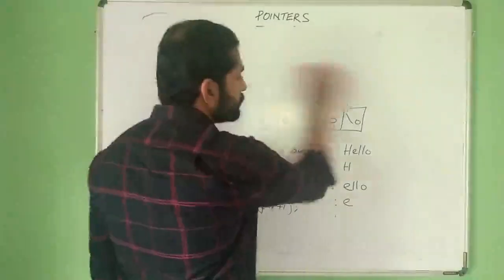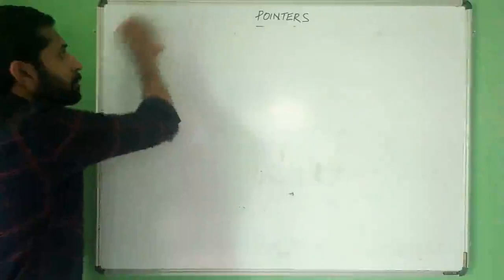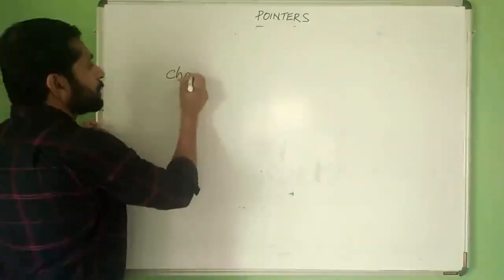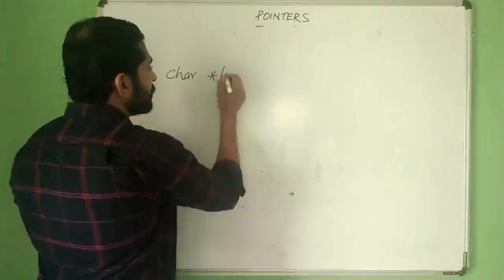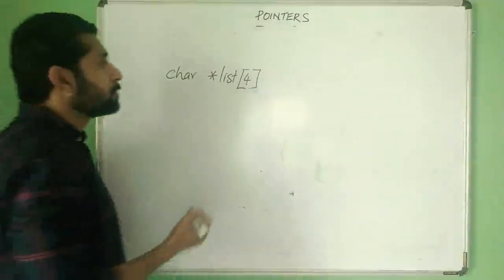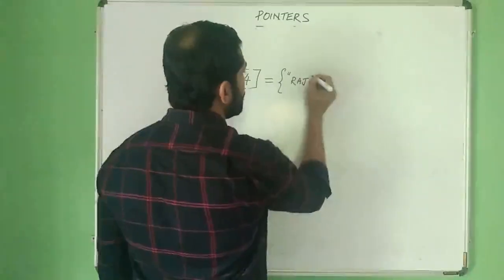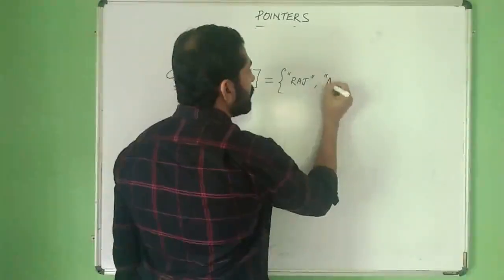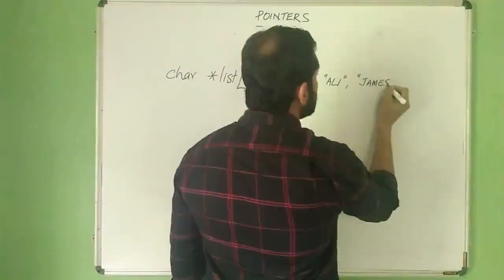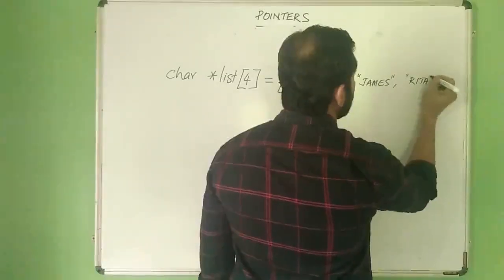How? char *list[4] = {"Raj", "Ali", "James", "Rita"}.